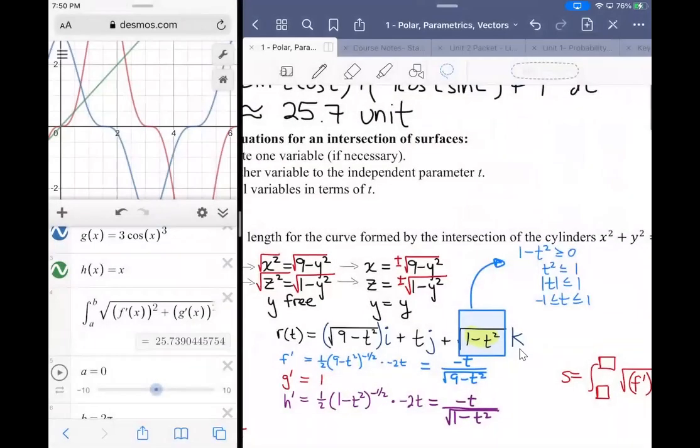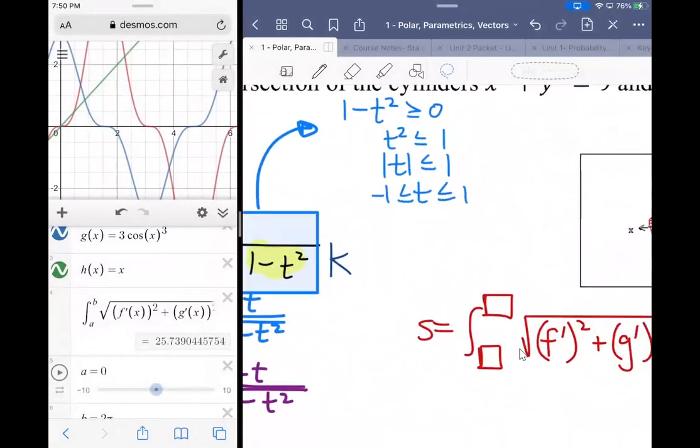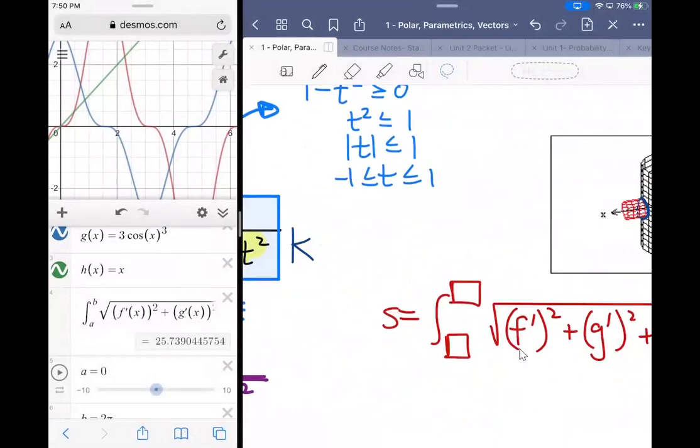So let me bring it back to the iPad. There we are. All right, so I know that my domain is going from -1 to 1.